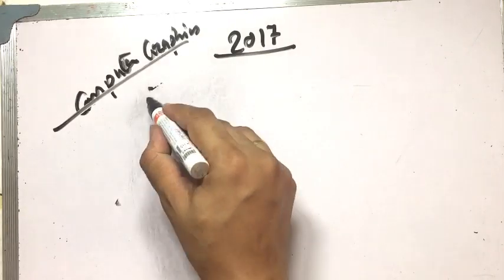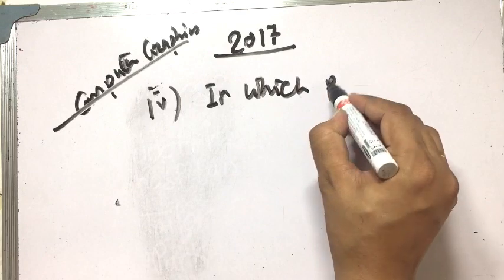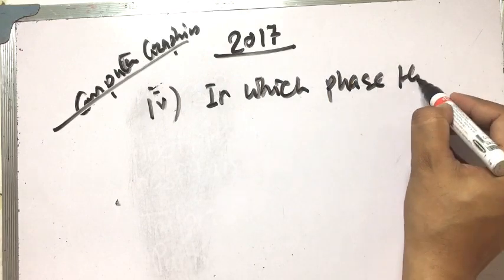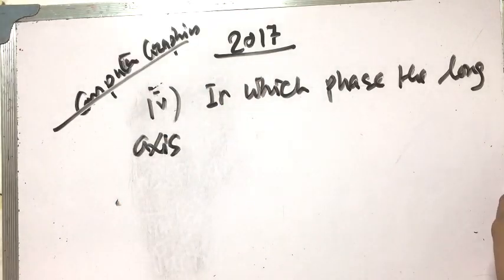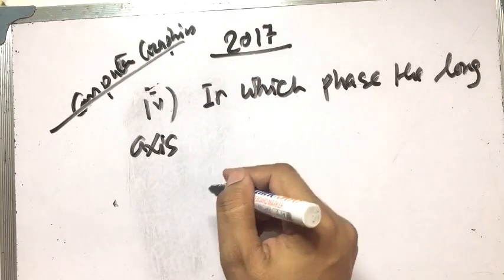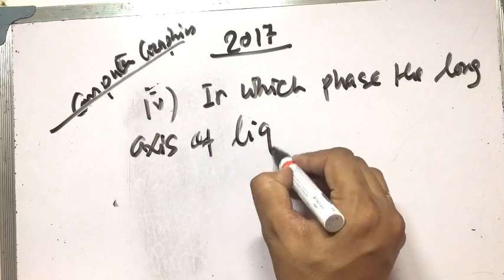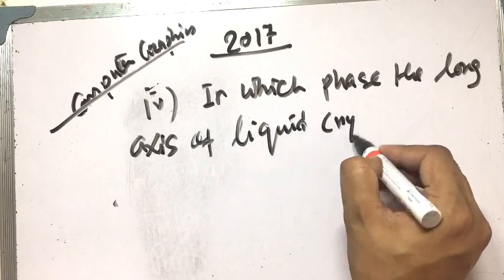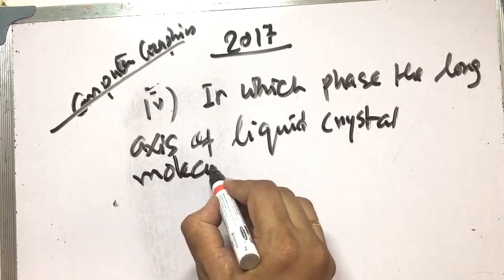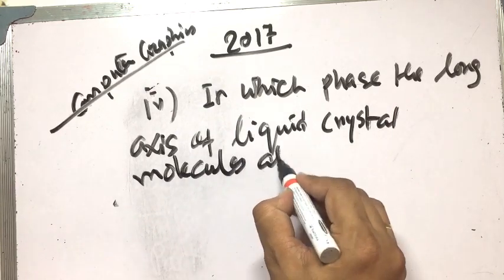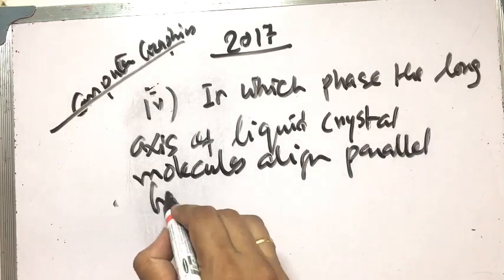Question number 4. In which phase do the long axes of liquid crystal molecules align parallel to each other?